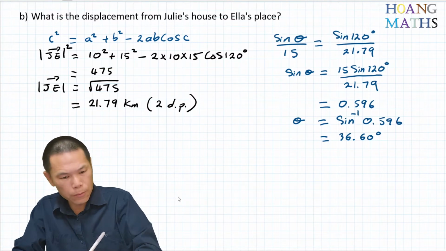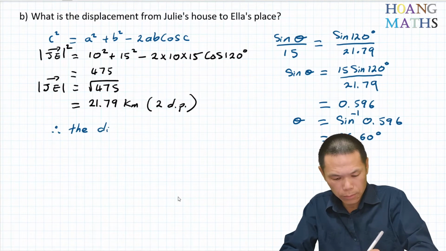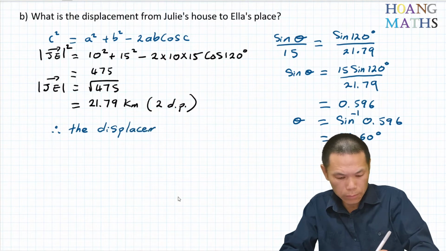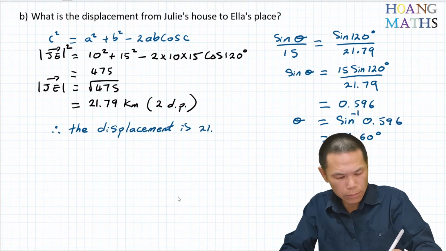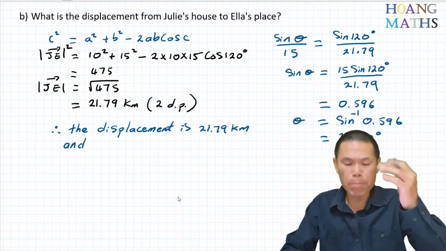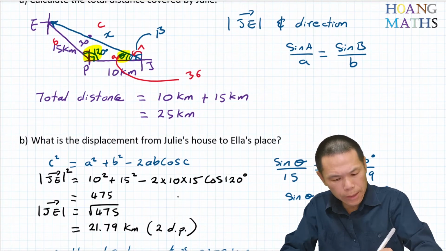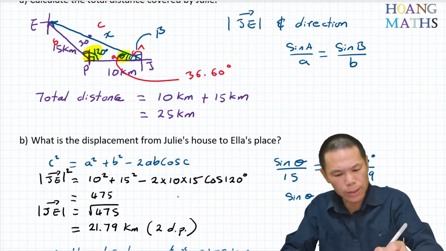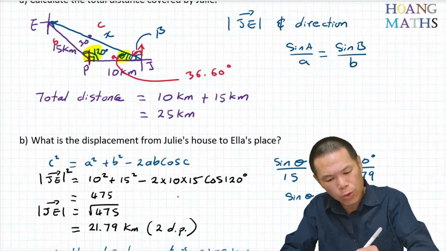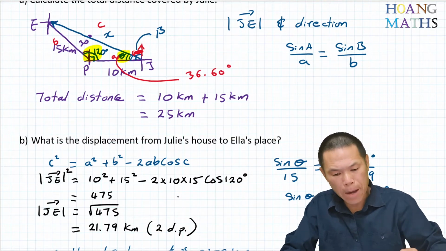So therefore, the bearing is, this one here is 36.60 degrees. Now to work out the bearing, of course, this is the angle, so we just go 90 minus that, okay?